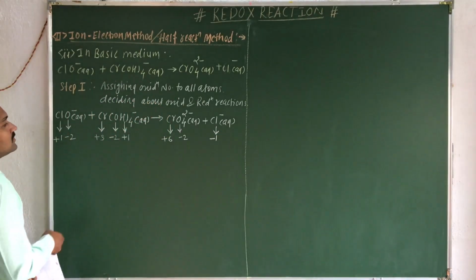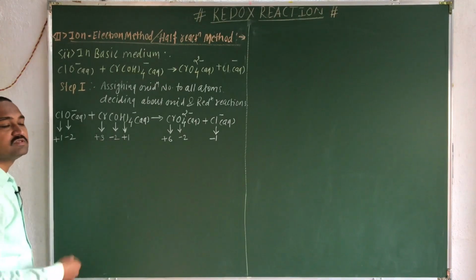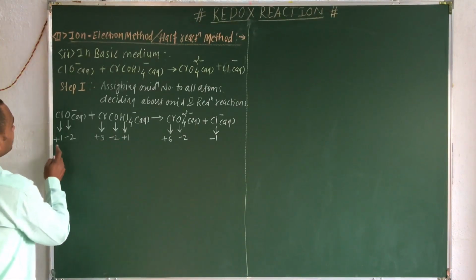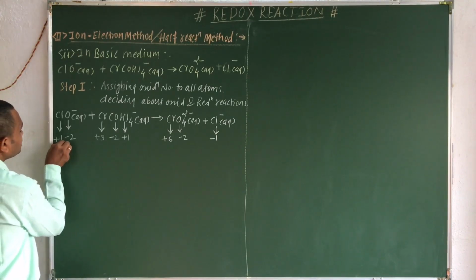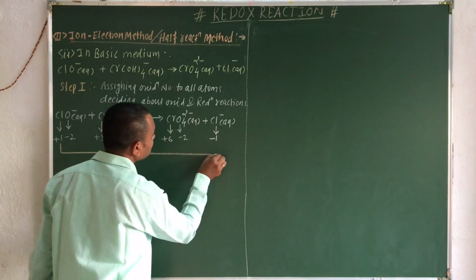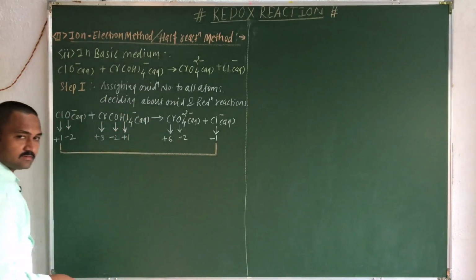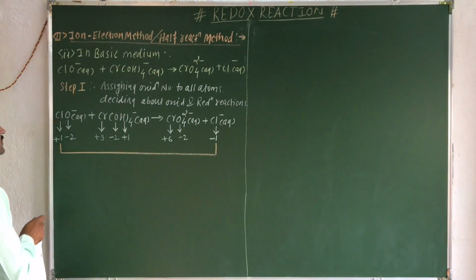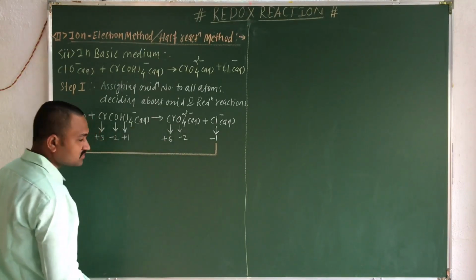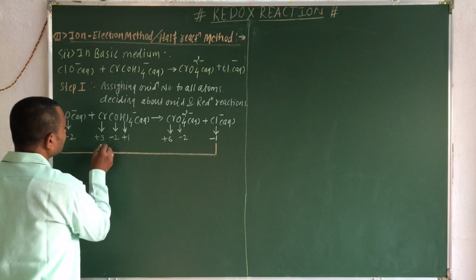Now let us find out which is the oxidation process and which is the reduction process. It is very easy. The chlorine oxidation number changes from +1 to -1, so that will obviously be the reduction reaction, since the oxidation number decreases. Now what about the chromium?